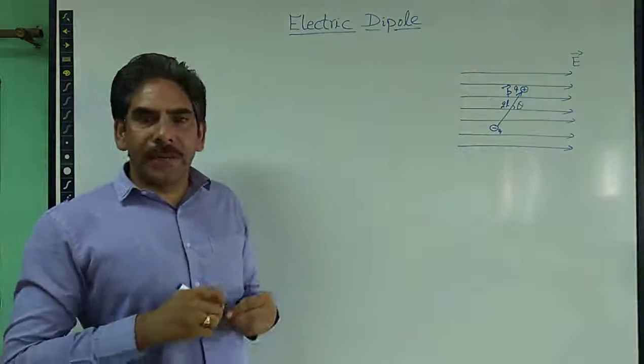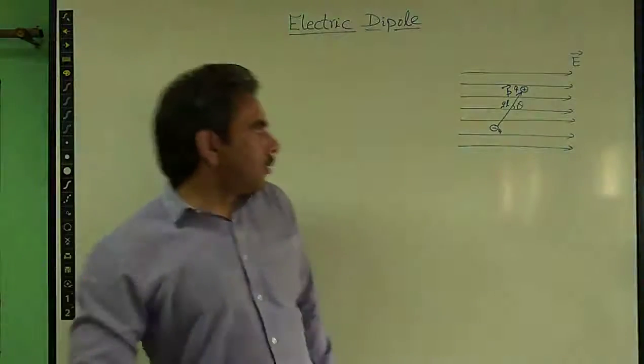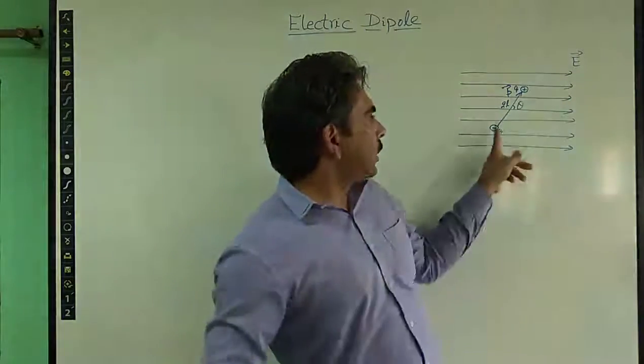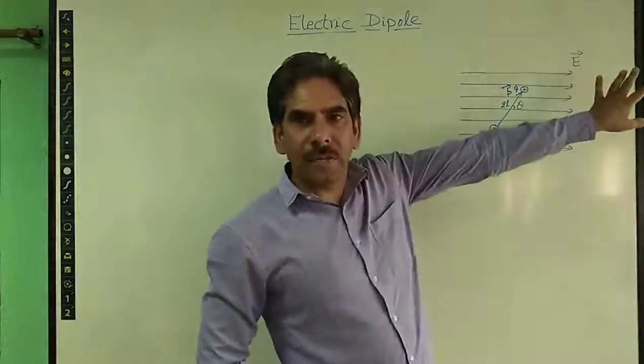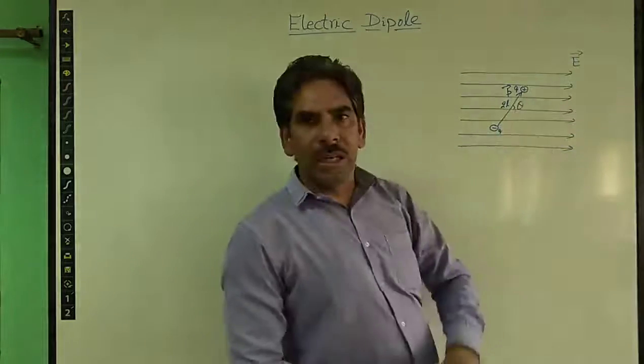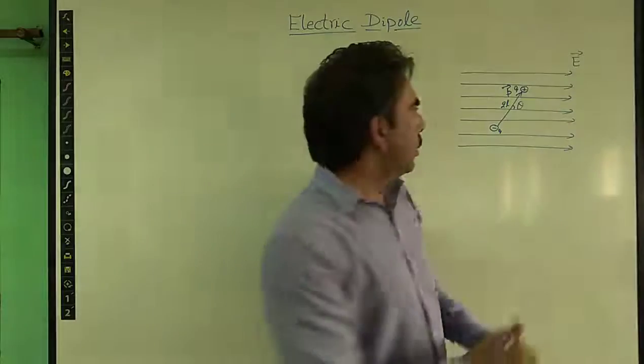Because the charges of this electric dipole, which are of the same magnitude of course, are placed in an electric field, this electric field will exert some force on the positive charge as well as on the negative charge.